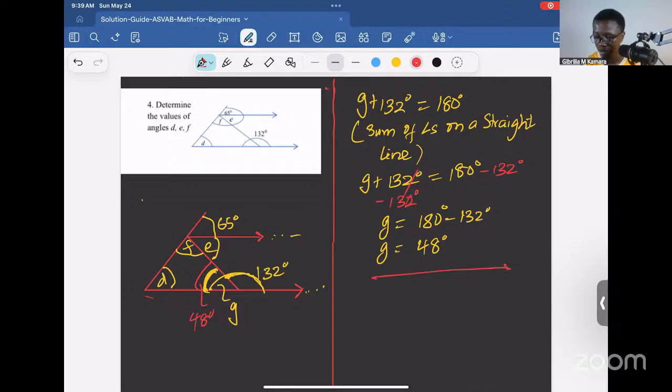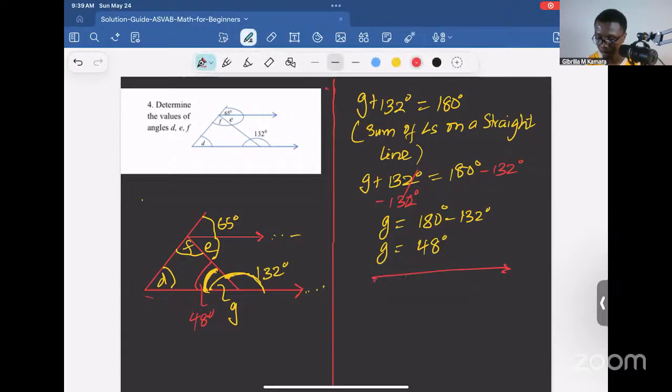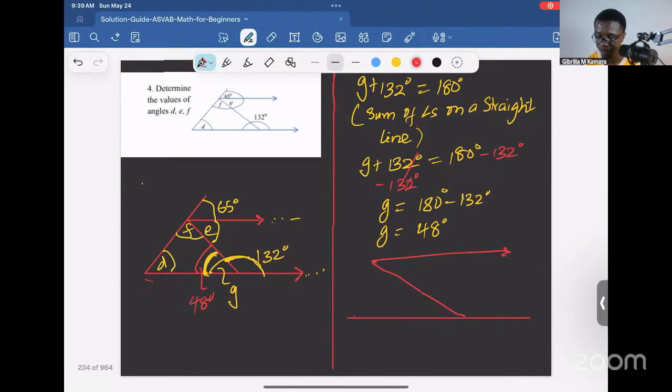Now, we have this. When we have something like this, we have this line, then we have this. So let me just delete this other line.